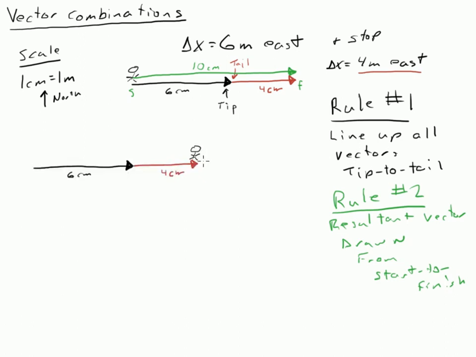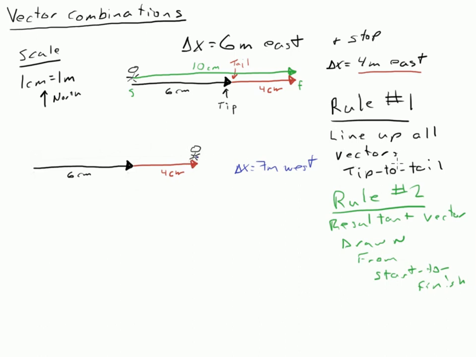Now let's have our person here continue this trip. Let's have a displacement of 7 meters west. So let's have them go 7 meters west. So again, our scale, west is back to the left. So we have our person here, and we'll start them right where they were.